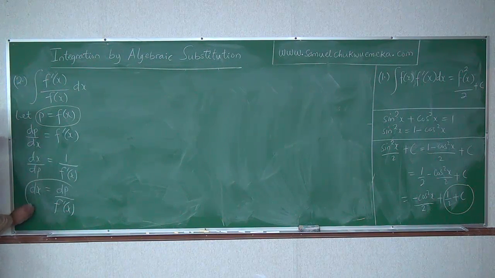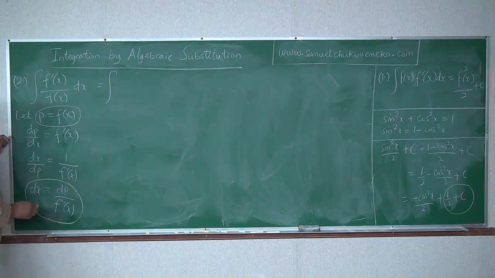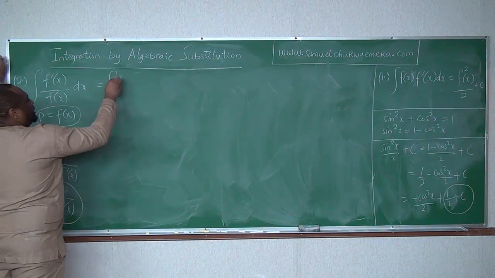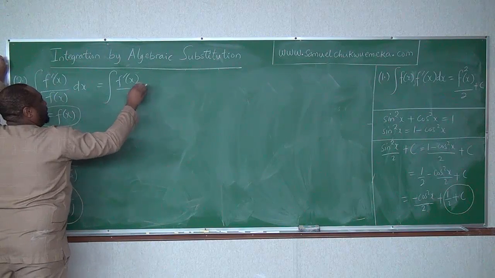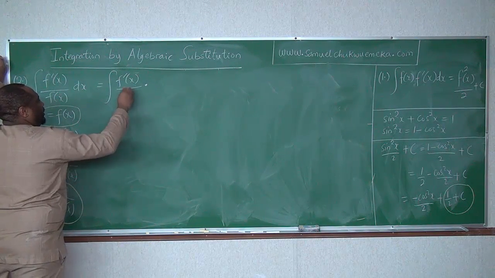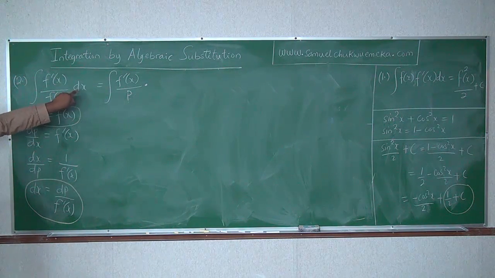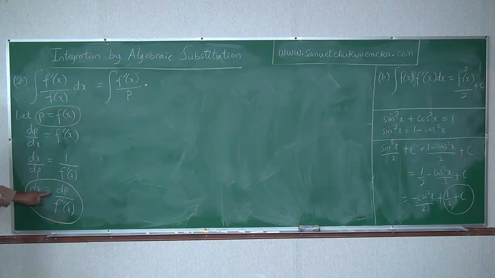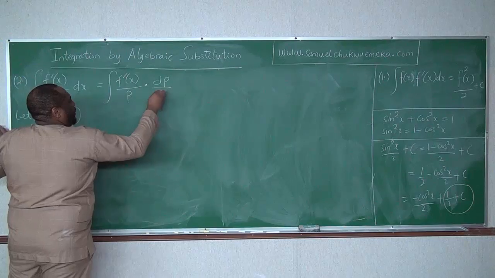Now we substitute: this is f prime of x all over P, times dx. But we substitute for dx: dx is dP over f prime of x.